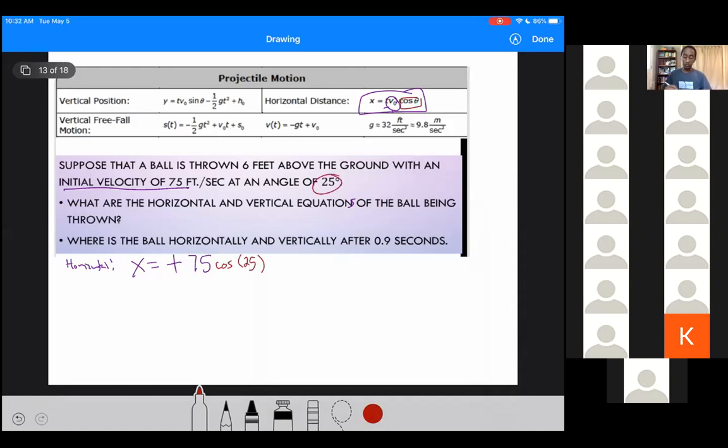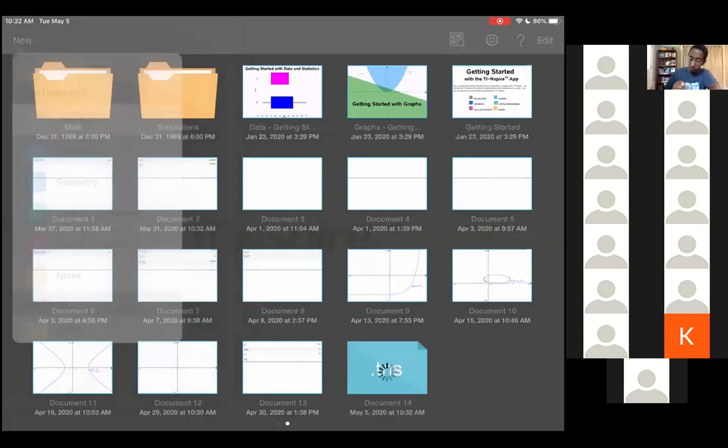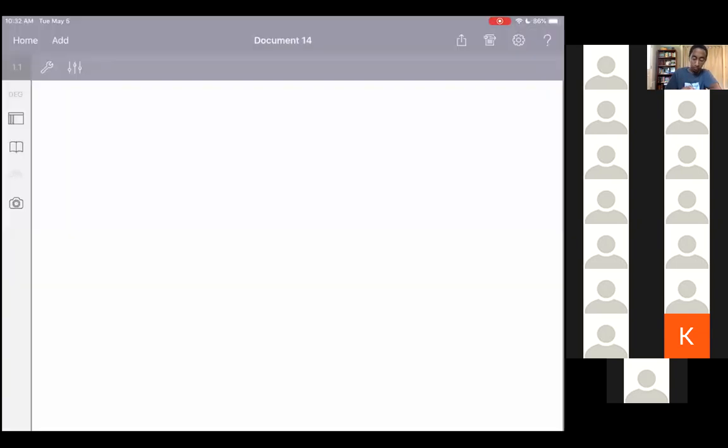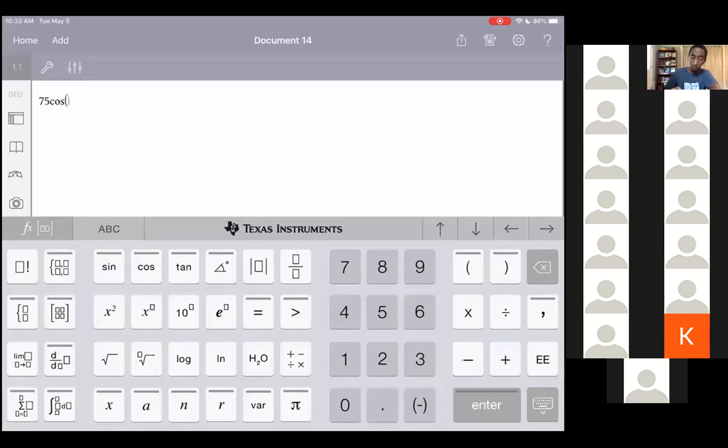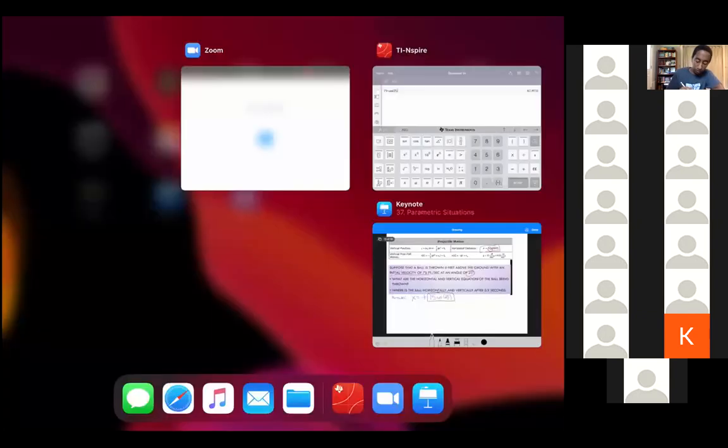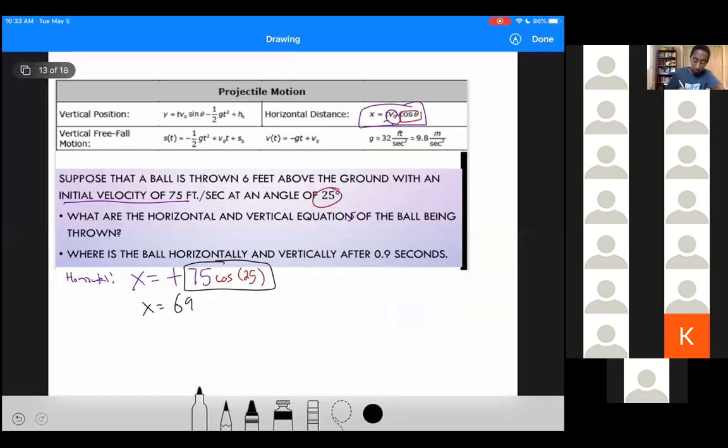When I write these equations, I always like to simplify what can be simplified, so I would simplify 75 cosine of 25 in the calculator. That's 67.97. So x equals 67.97t. That's how I would write it, simplified. Based on this information, if you wanted to find how far the ball has traveled horizontally at a given time, you would plug it in for t, and it would tell you that.